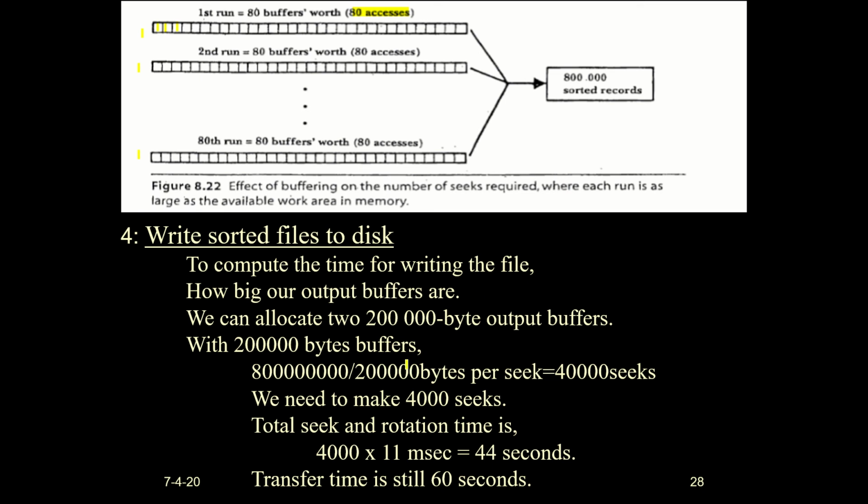Now the last step is how we write the data. For writing the data, again we need an output buffer. It remains the same. Now consider that we have 200,000 bytes of output buffers. In that case, how many seeks are required to write the data?